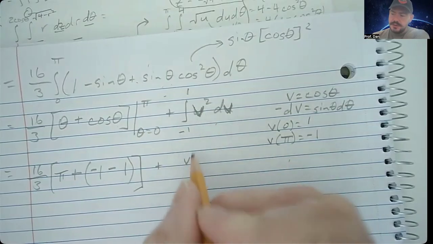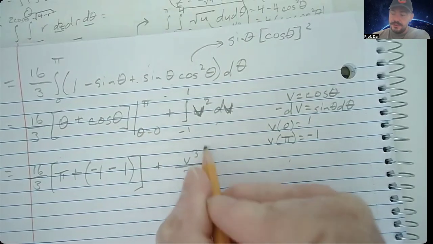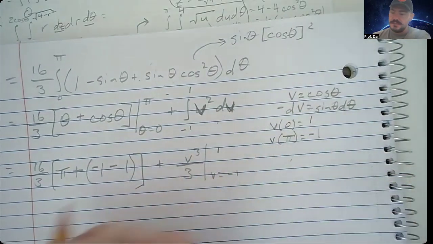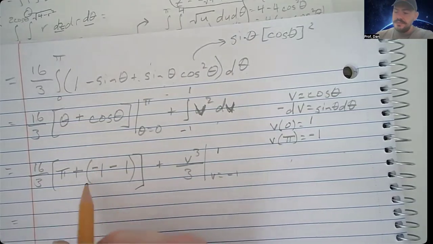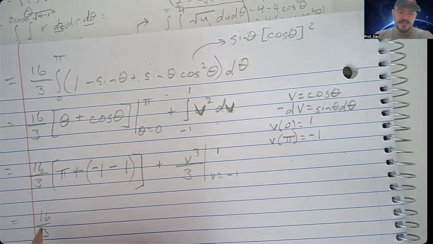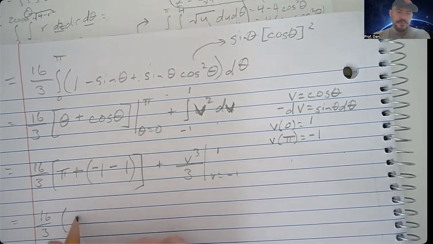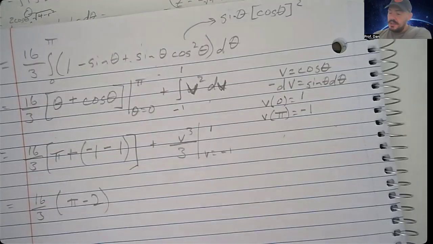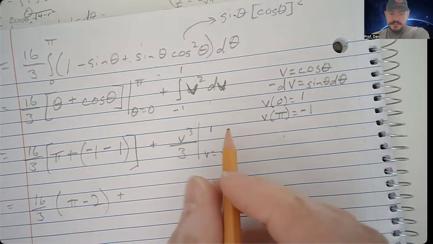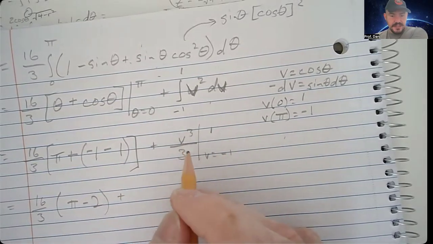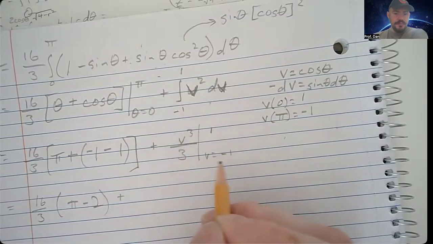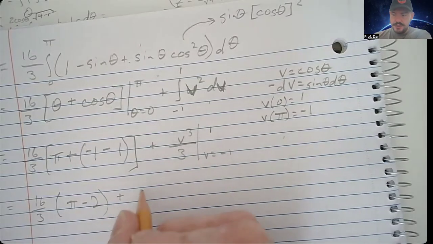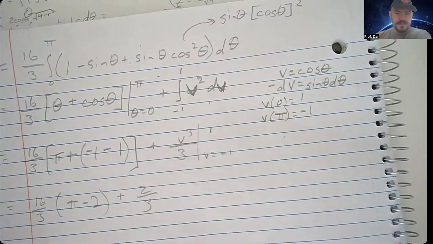Add 1 to the power, v cubed, divide by the new power 3, and evaluate from v equals -1 to +1. So then here we have 16 thirds multiplied by pi minus 2. And now plugging these v's in, I would get 1/3 minus -1/3. So 1/3 plus 1/3, 2/3.